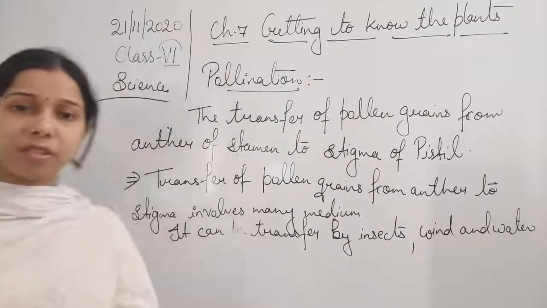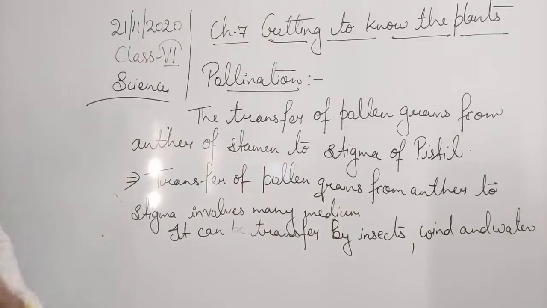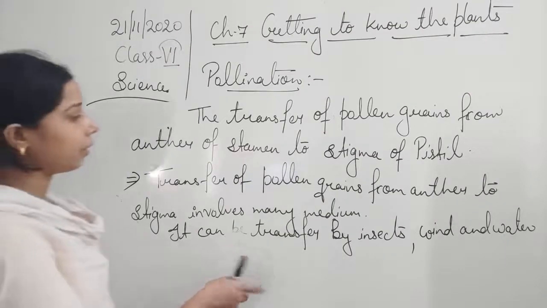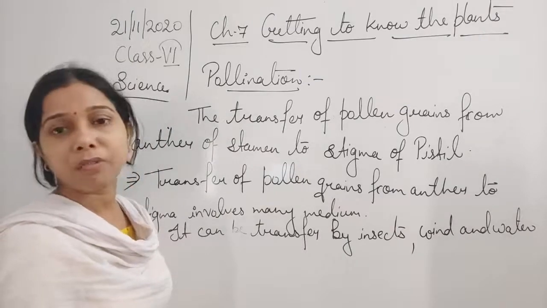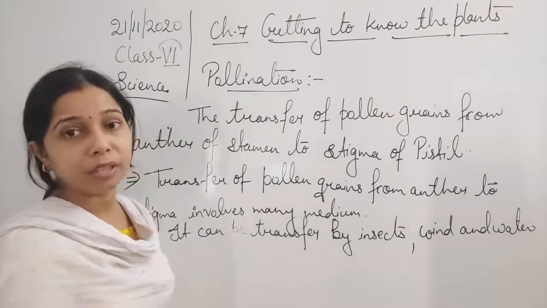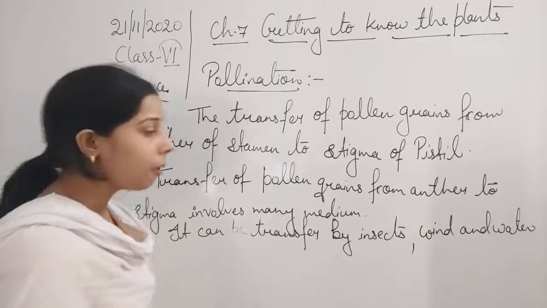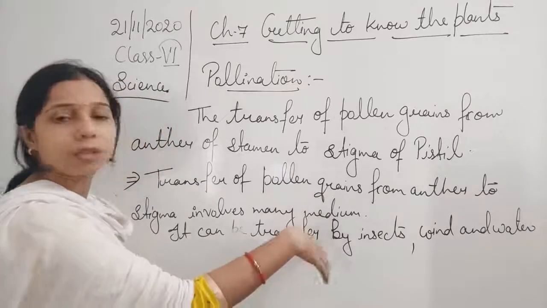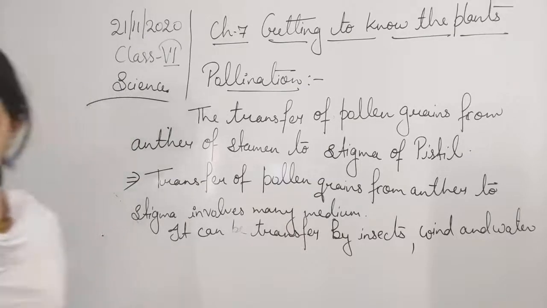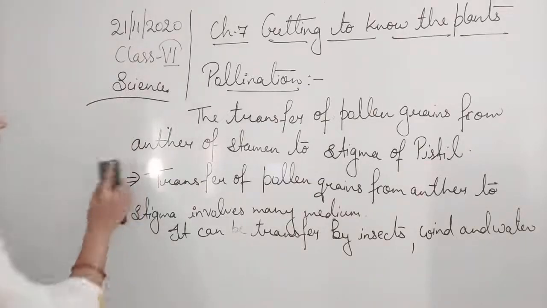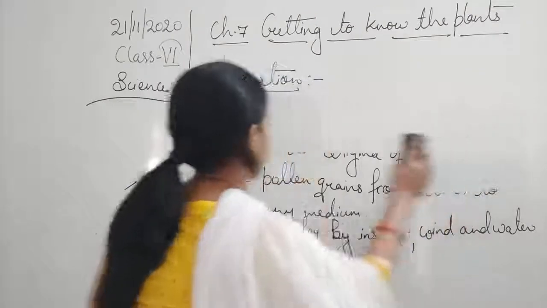So whenever the question is asked, what is pollination, you will always write that the transfer of pollen grain from anther to the stigma of the pistil is known as pollination, and it can be done by insects, by wind, or by water.